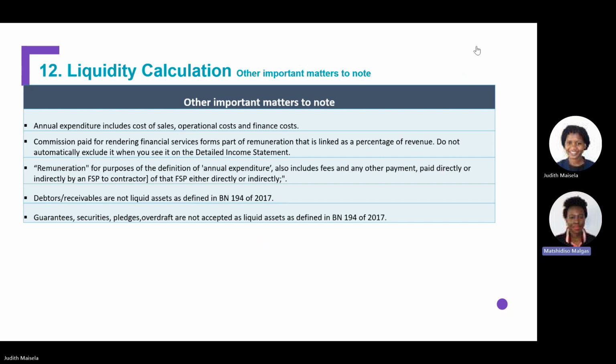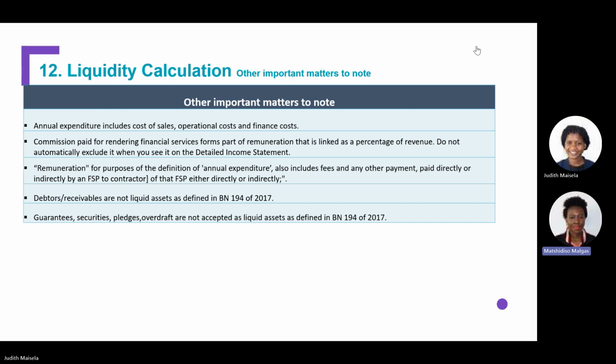So the last slide covers other important matters that FSPs need to consider when calculating liquidity or when signing and submitting the liquidity declaration. As part of the annual expenditure, as previously shown in the example, it is important that FSPs include the correct amounts there, such as the cost of sales, the operational cost, and finance cost.